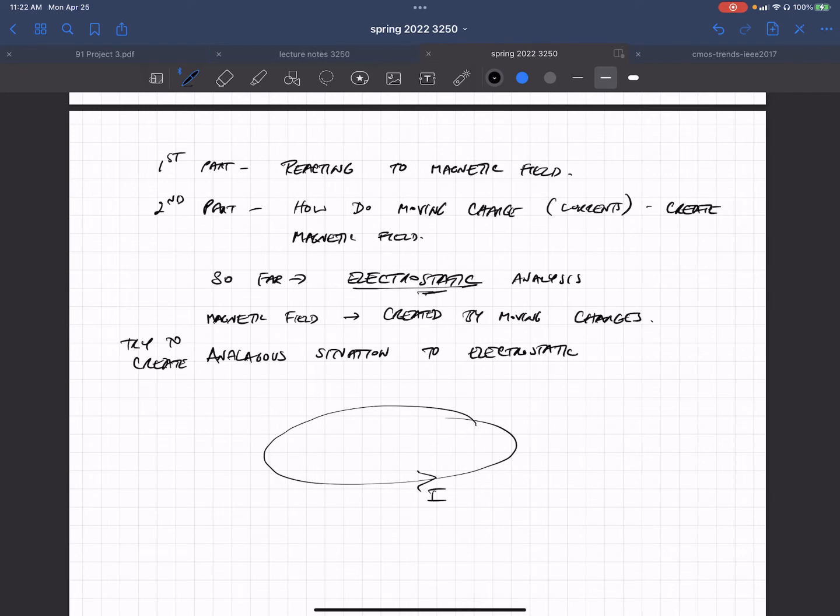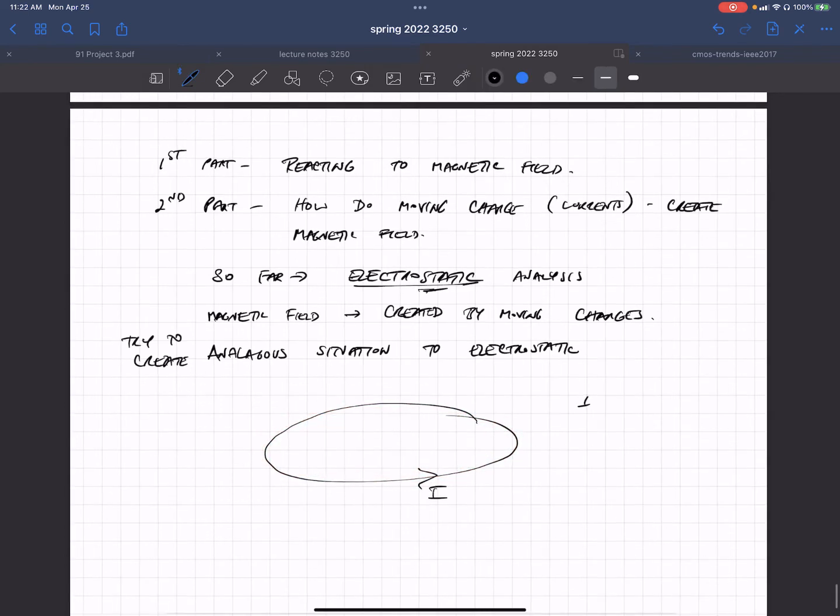That's a situation where a current is constantly going around the same loop. So the current is constant, and the loop location itself is constant. That's analogous in some ways to having a static charge for an electric field.